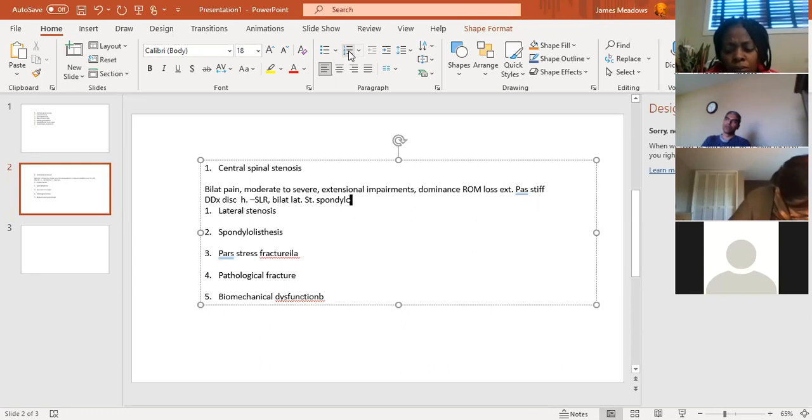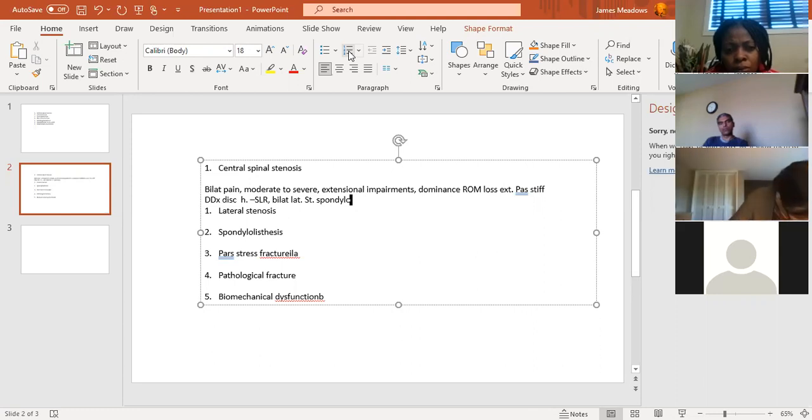If they've got a very small canal or a trefoil canal, then a minor slip can give you major problems. But typically, if they've got a normal canal, then grade 2 and less is probably not going to give you the evidence of a spinal stenosis.